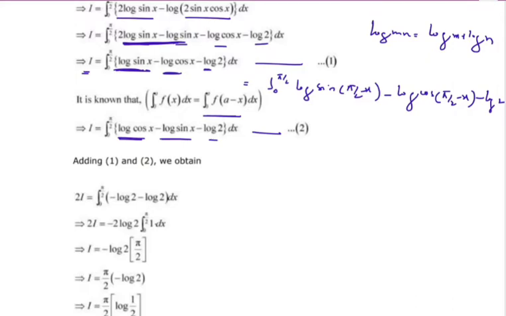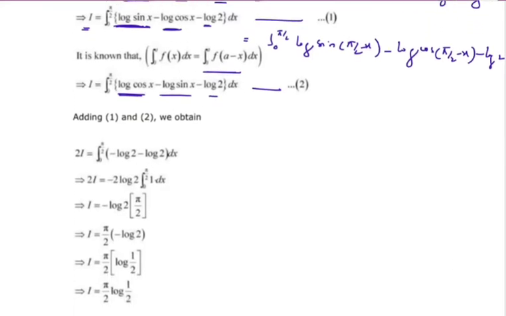So adding equation 1 and 2, on the LHS we get I plus I, which is 2I, equal to the integral from 0 to pi by 2 of minus log 2 minus log 2, right? Here log cos x and log sin x get cancelled: log sin x minus log cos x, and minus log sin x plus log cos x.